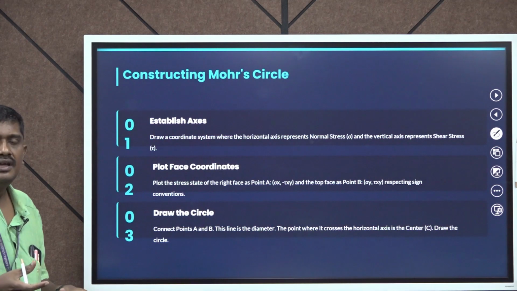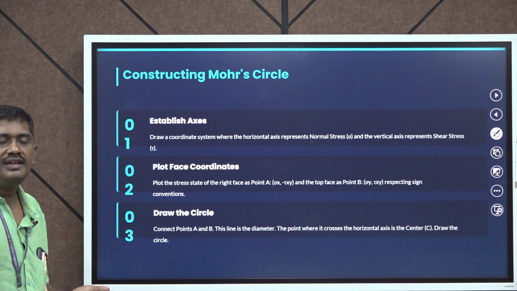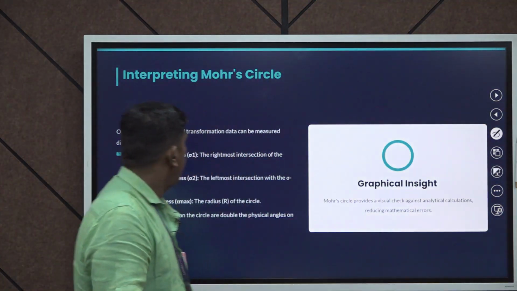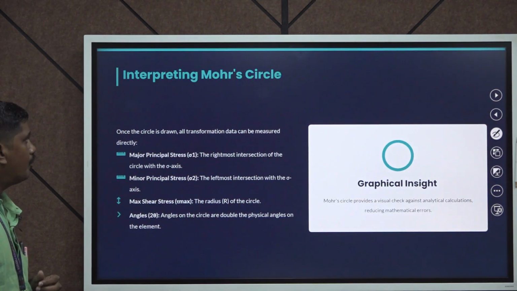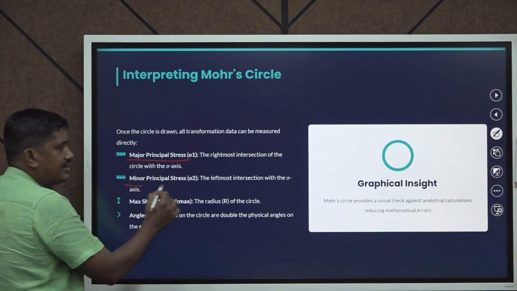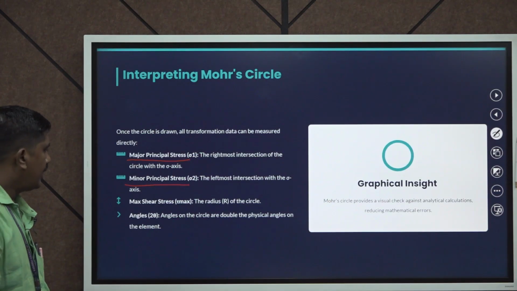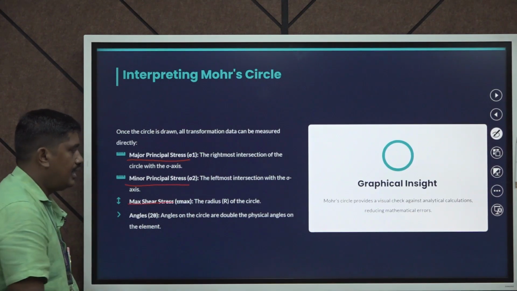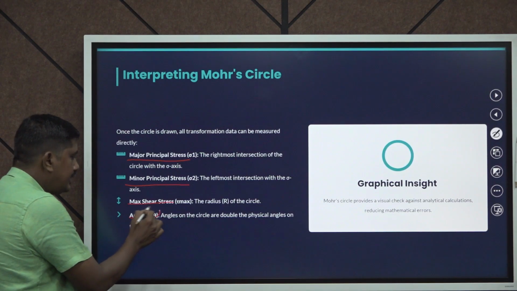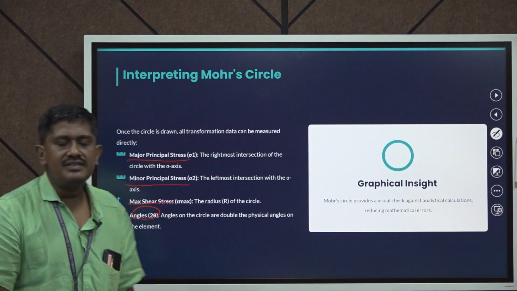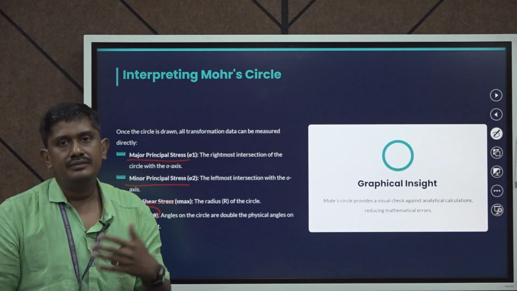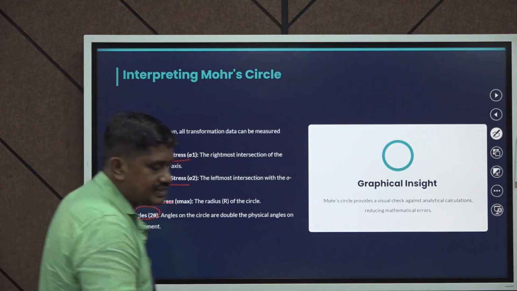Based on this circle we can easily find the maximum stresses. In the interpretation of the Mohr circle, we get the major principal stress sigma 1 and the minor principal stress sigma 2, and the maximum shear stress tau max is derived from the radius of the circle. We directly get 2 theta, and from 2 theta we can easily get the angle of projection. This is a graphical method.